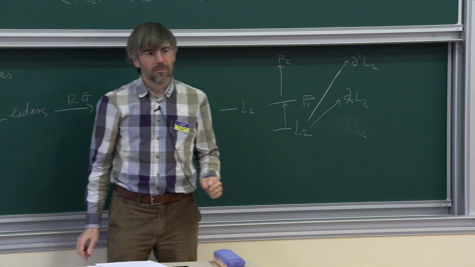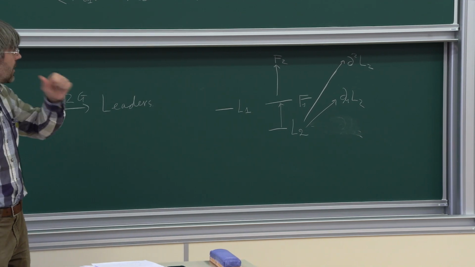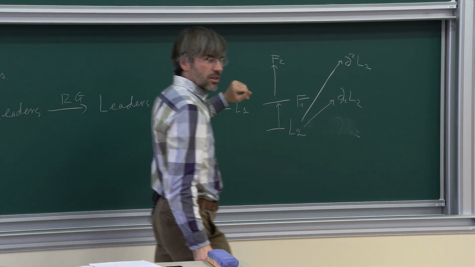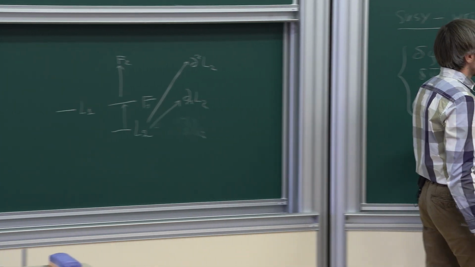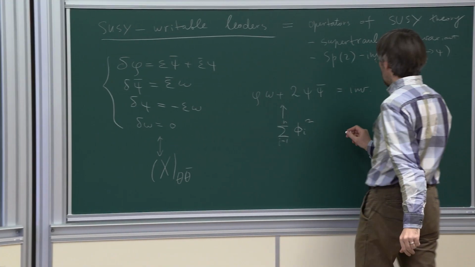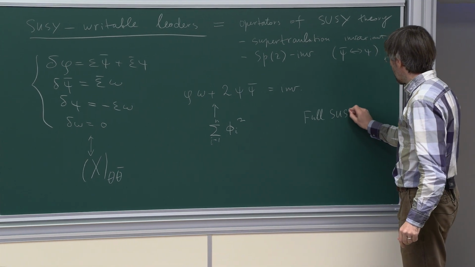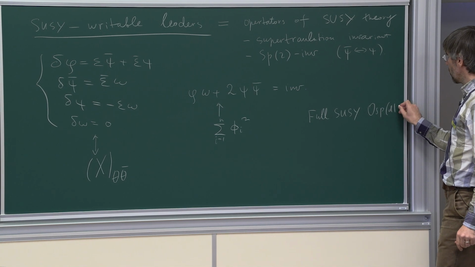So can you remind us of the conformal group, the SUSY group you have? The SUSY group is how it acts? No, the name, OSP. The full SUSY group is OSP(D/2).